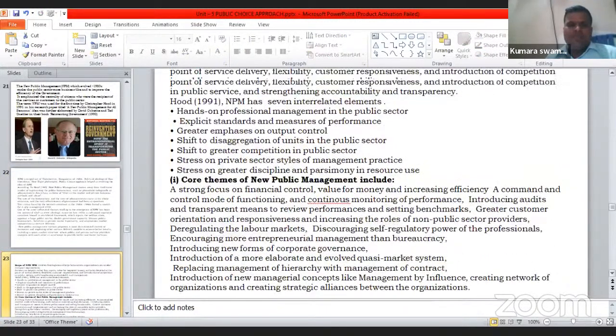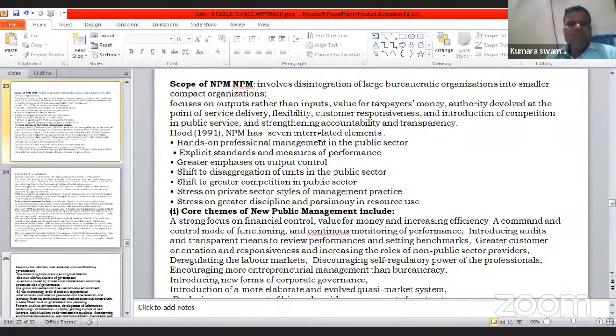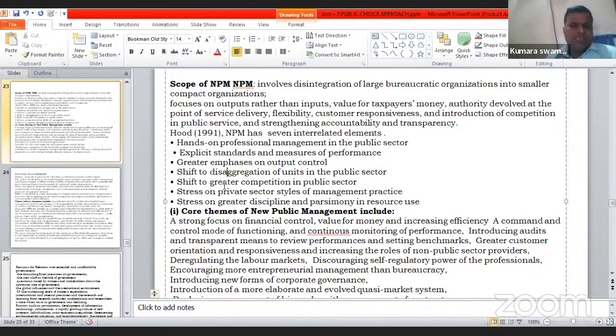So, the scope of new public management. It especially focuses on different aspects which are common. It focuses on seven elements majorly. It is a professional management practice in the public sector, with explicit standards and measures for performance, and greater emphasis on output, which means it focuses on outcomes. It emphasizes control of the budget process, the disaggregation of units in the public sector, and greater competition in the public sector.